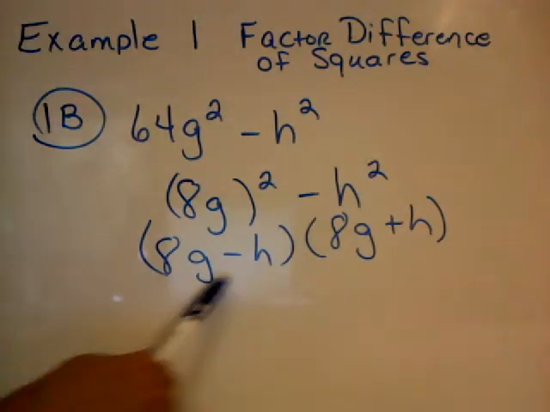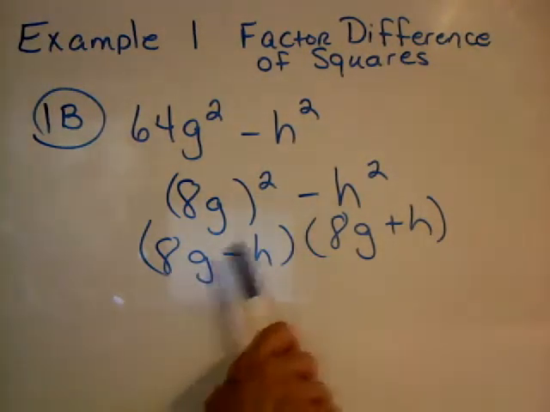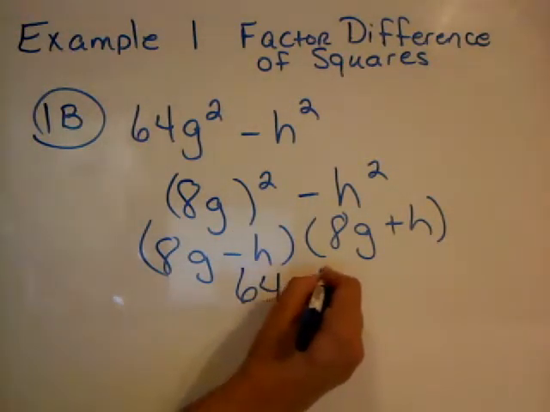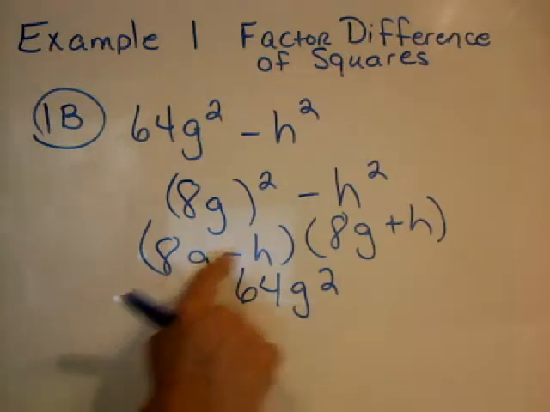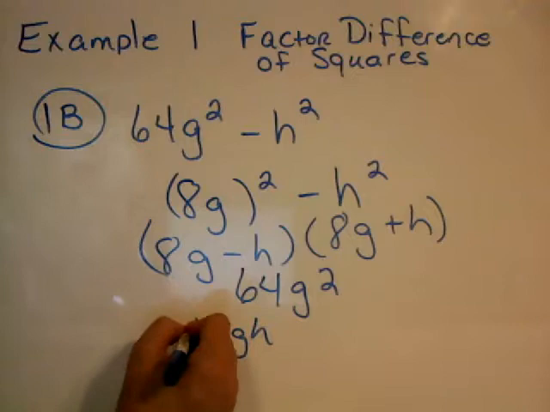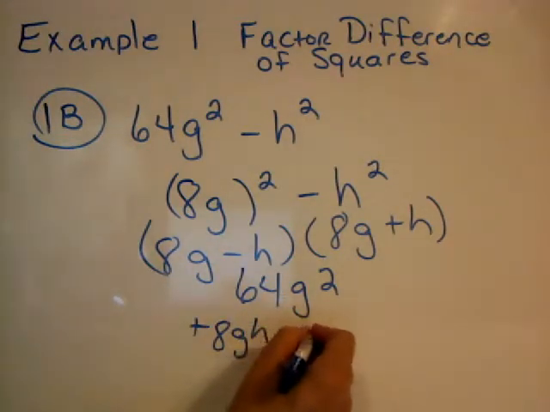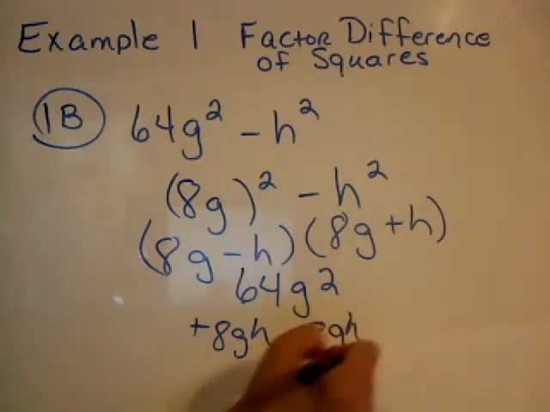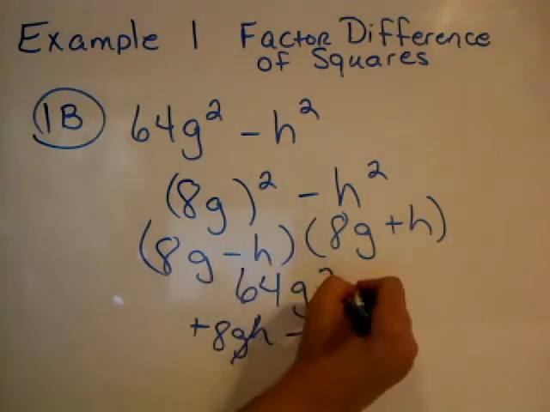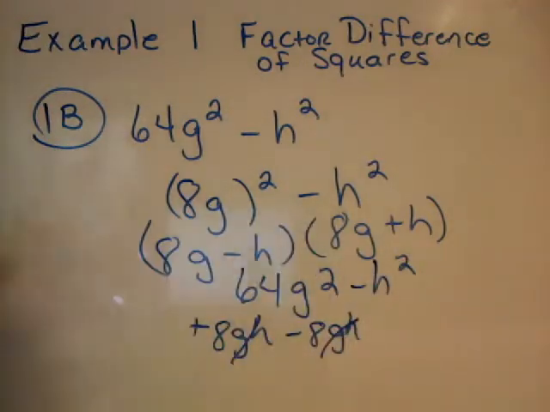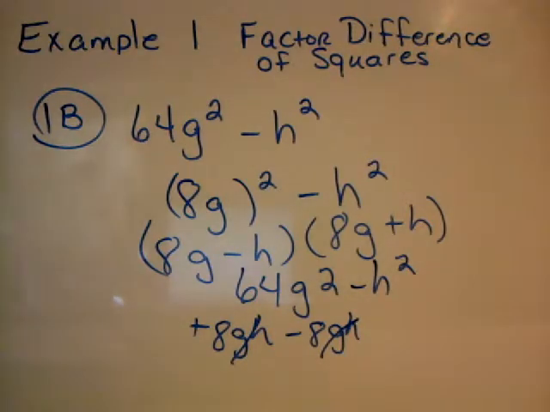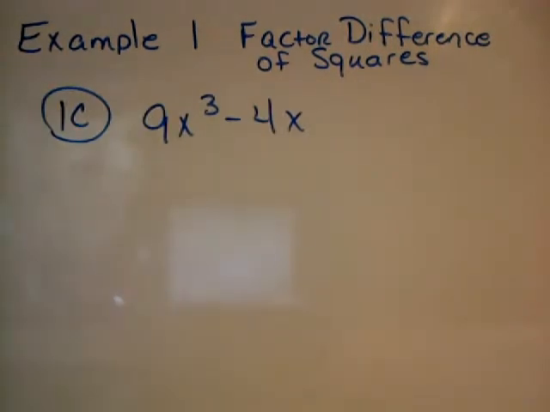If you use the foil method to multiply this back out, 8g times 8g gives me 64g squared. 8g times h is 8gh, and that one would be positive. The middle would give me a negative 8gh, so those cancel each other out, and then h times h gives me a positive h squared, so I have a negative and a positive. So I come back to my original starting point.